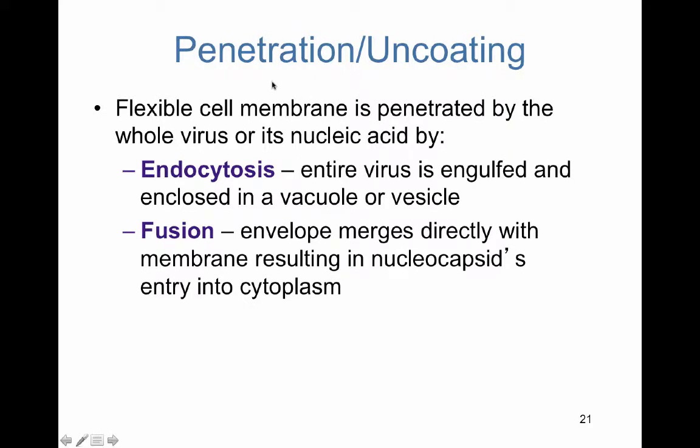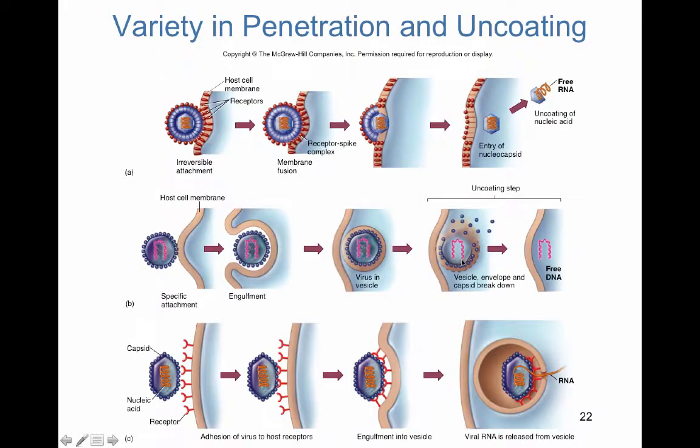Now, as far as how the virus may enter cells and uncoat its viral genome, it's good to know that it could be through the process we call endocytosis, where the entire virus is engulfed and then enclosed in a vacuole or a vesicle. Or you could have fusion, where the envelope is merging directly with the membrane, and this allows for its entry into the cytoplasm.